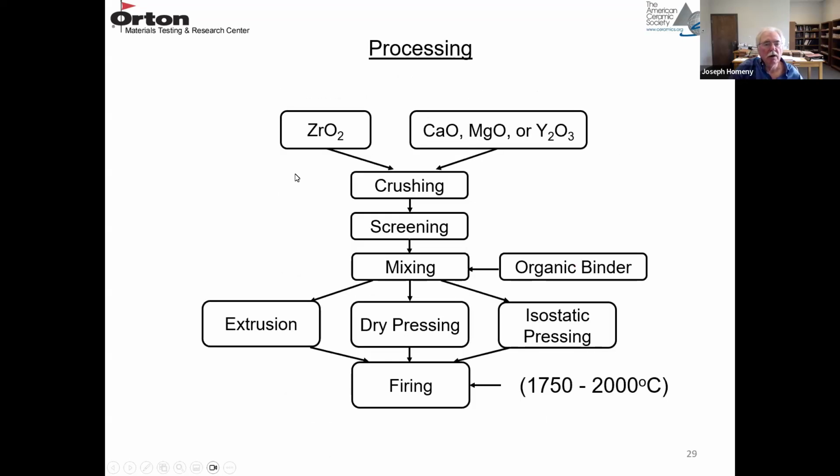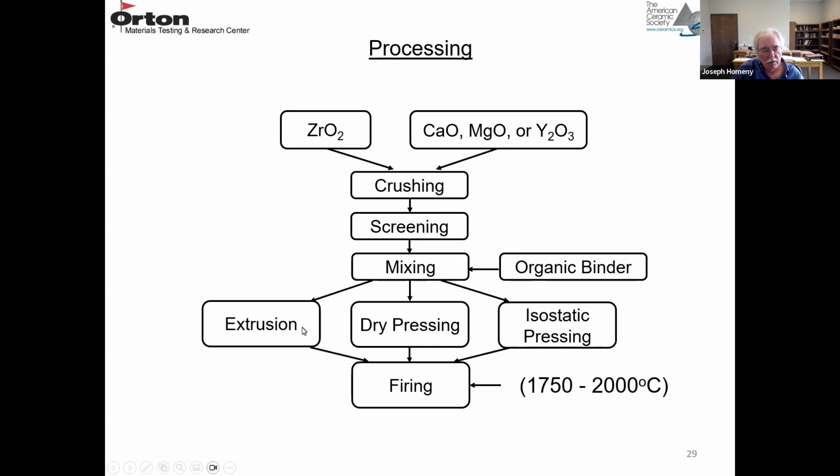Well, you simply start out with zirconia. You add a stabilizer, whether it's CaO, MgO, or Y2O3. And these are crushed, screened, and mixed. These materials are usually made into pretty dense form, so the particle packing has to be adjusted correctly. And there's some type of organic binder added.